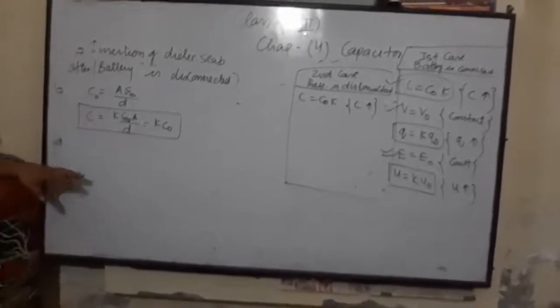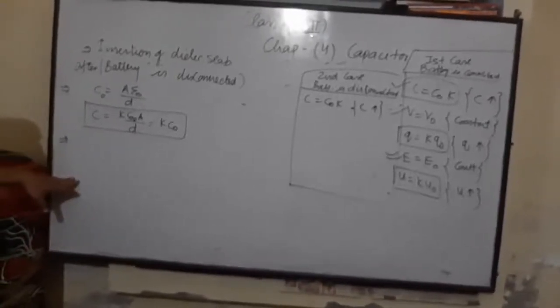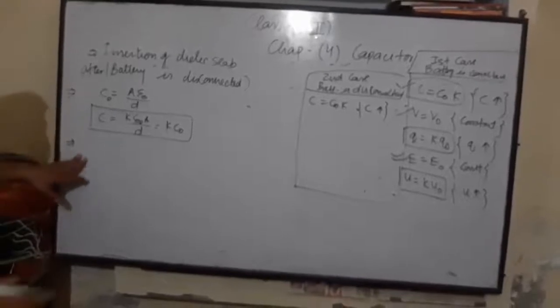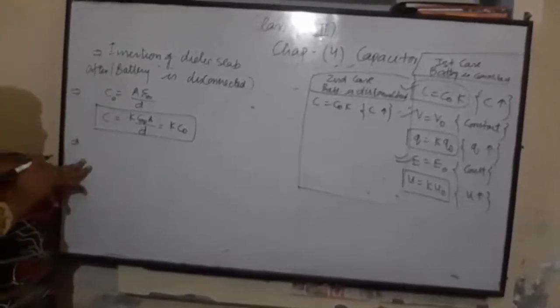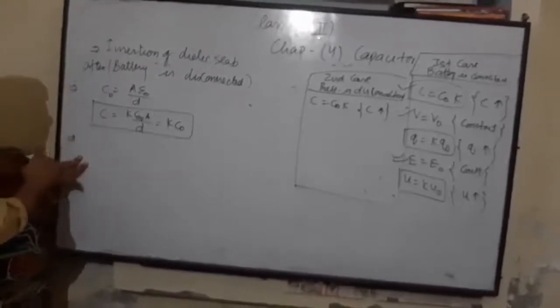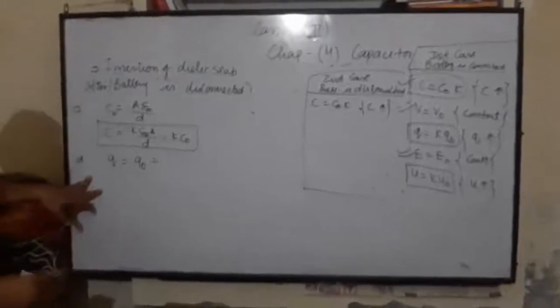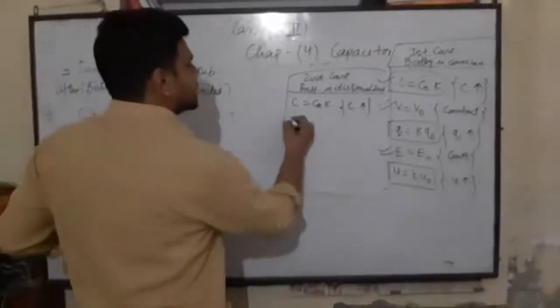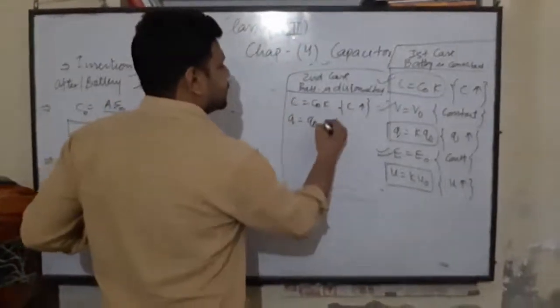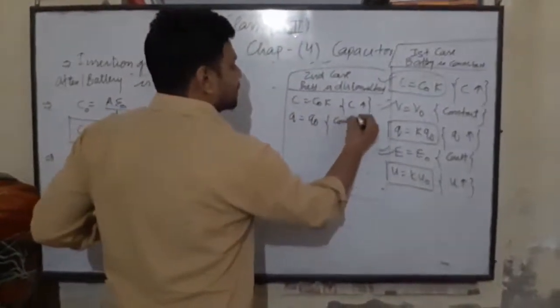And the source of charge is also the battery. So the battery is not there, so the final charge will be the same as the initial charge, which is constant. In this case, Q is equal to Q naught, which is constant.